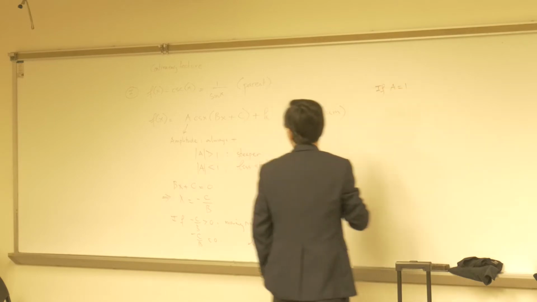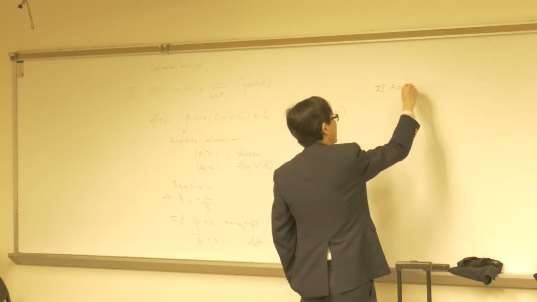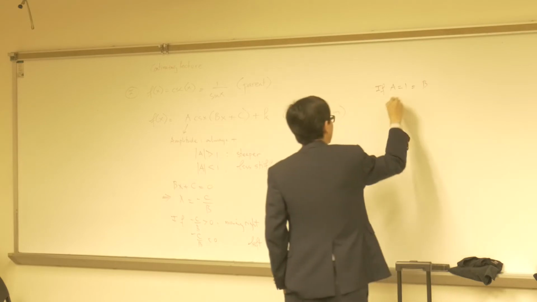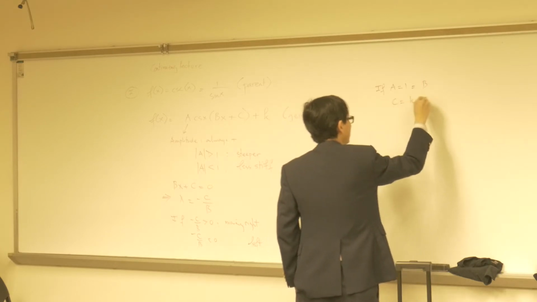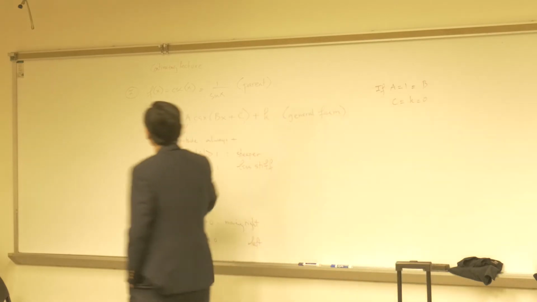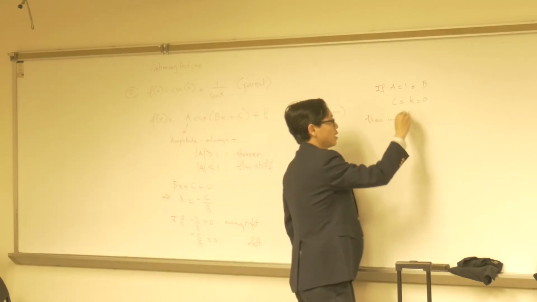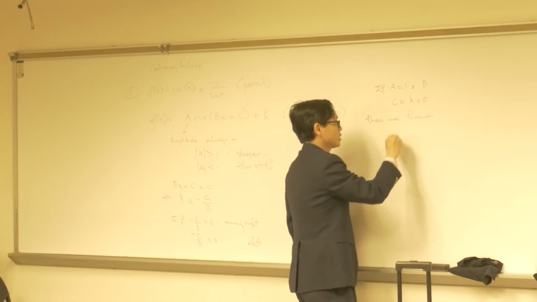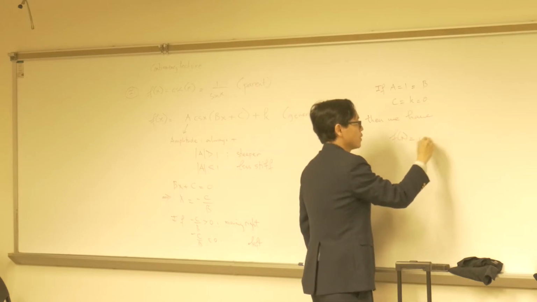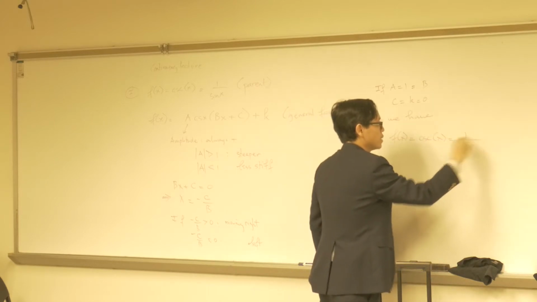If A equals 1, B equals 1, and C and K equal 0, then we have the parent function, right? Then we have f of x equal to cosecant of x, and this turns out to be 1 over sine of x.